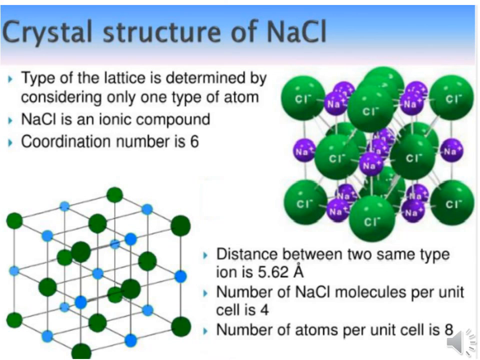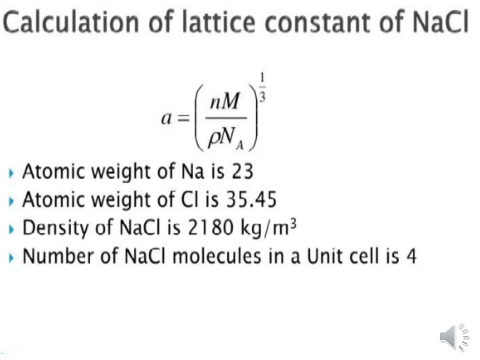Therefore, crystals such as sodium chloride, magnesium sulfate, lithium fluoride, magnesium oxide, calcium oxide, iron oxide and nickel oxide crystallize in this unit cell. Next, calculation of the lattice constant of the sodium chloride crystal structure. Lattice constant A equals N into capital M divided by rho into Na, whole power 1 by 3.